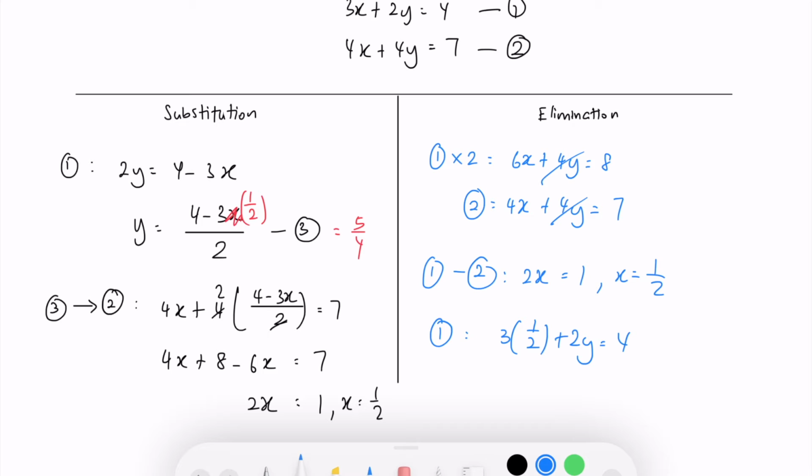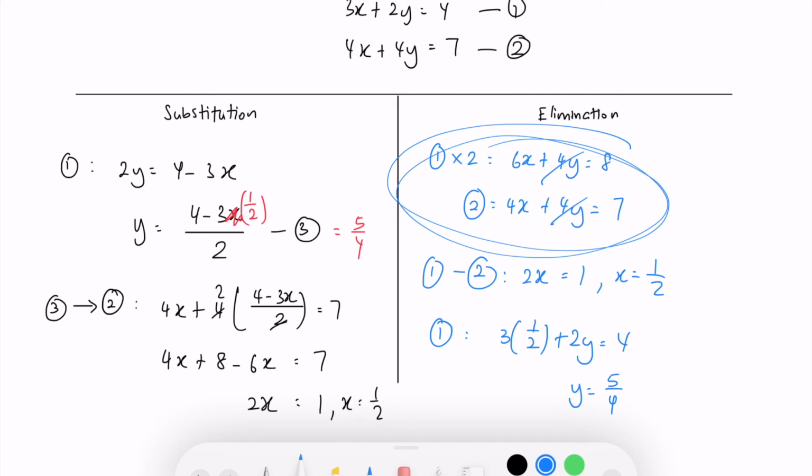So that is 4 minus 3 halves, and I'm going to minus 2, divide 2. Yep, so the answer to y is still 5 over 4. So I get the same answer regardless of the method I'm using. But in this case, because the y's can be the same, I can easily cancel them in this step. I use elimination. It's easier.